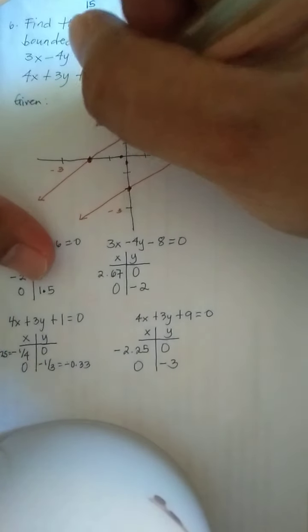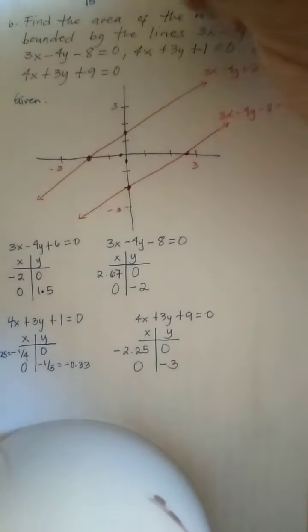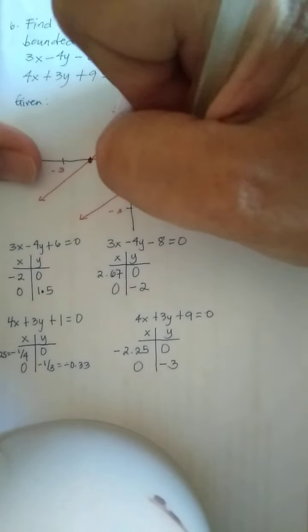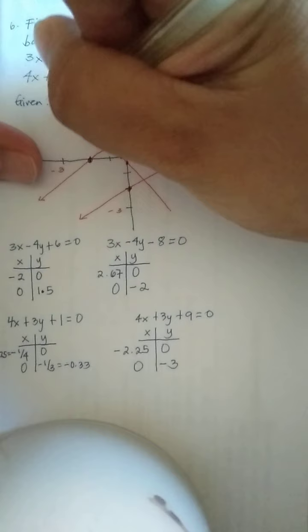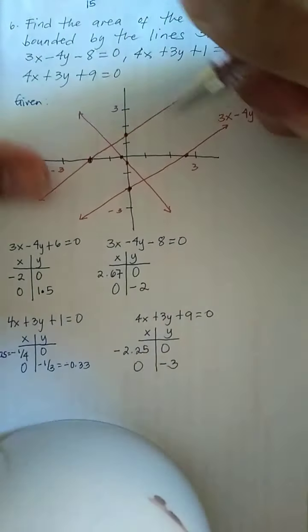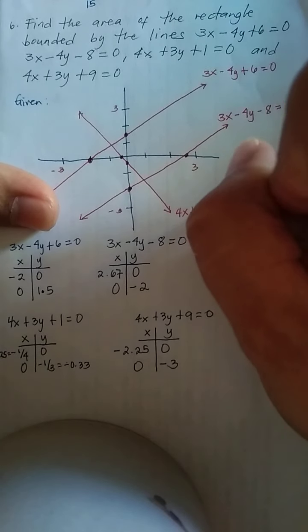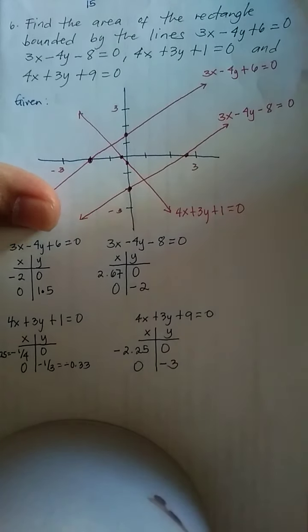This is our third line, 4x plus 3y plus 1 equals 0.